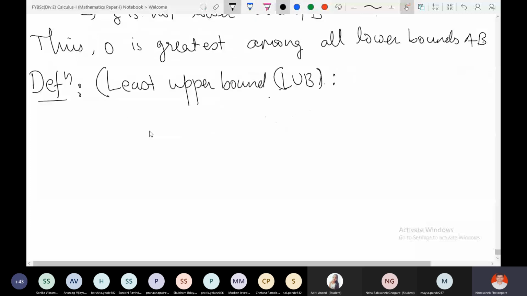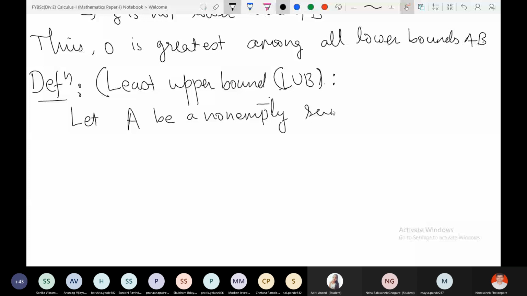So let A be a non-empty subset of real numbers. Remember, we are talking about subsets of real numbers. Why we are taking non-empty, that we'll discuss.